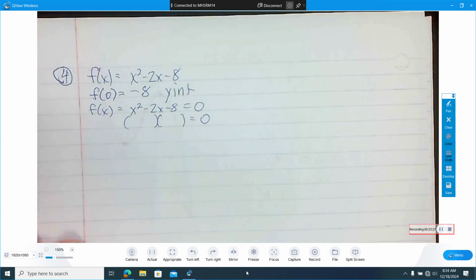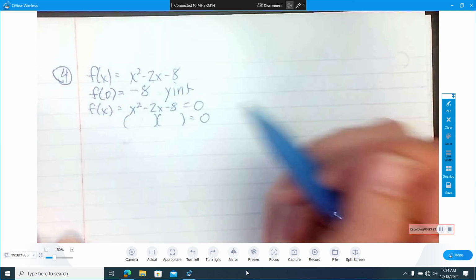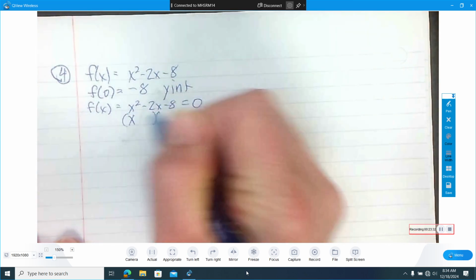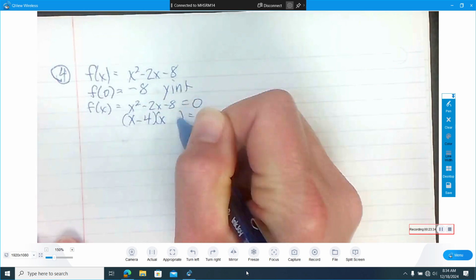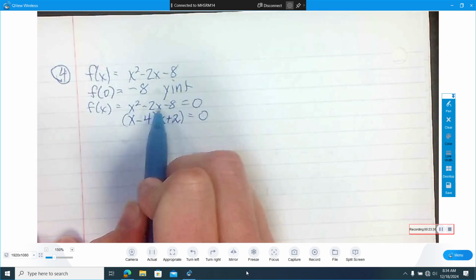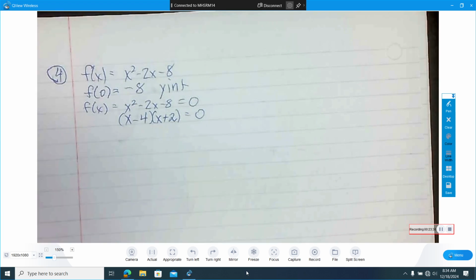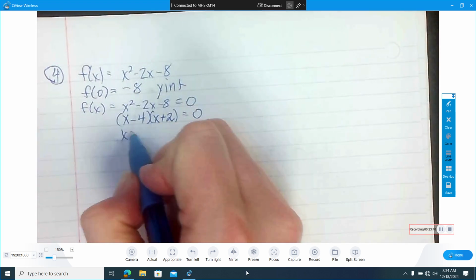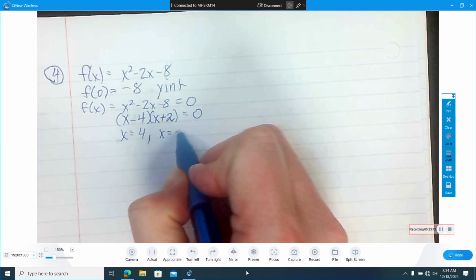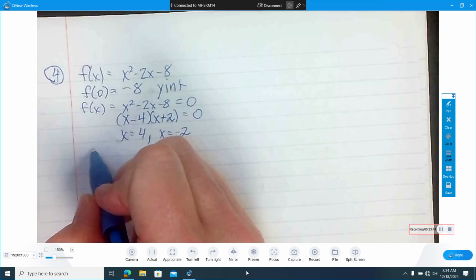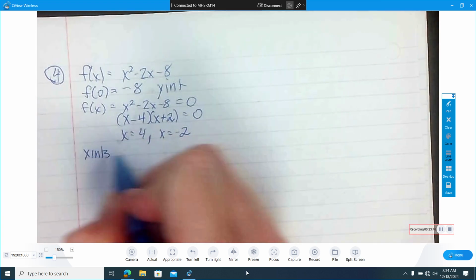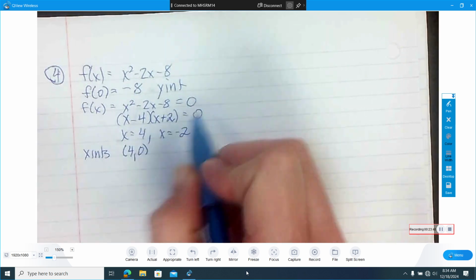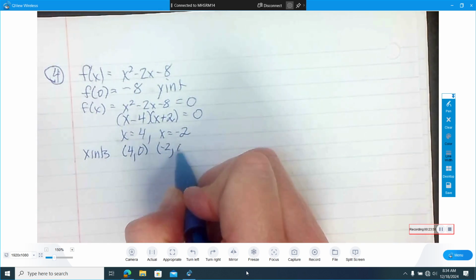How does x squared minus 2x minus 8 factor? x times x is x squared, negative 4 and positive 2 gives us that center, negative 2. That's good. So we get x equals 4 and x equals negative 2. And so those are our x-intercepts. At 4, 0 for the function, and negative 2, 0 for the function.